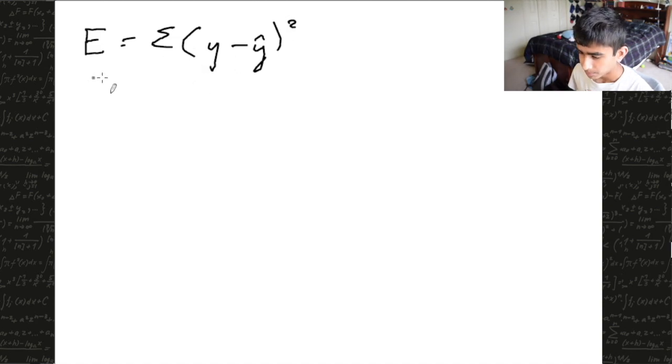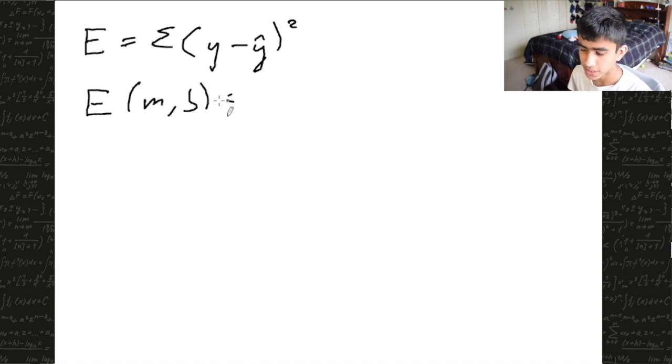So then you can break this y down into mx plus b, because that's really what we're finding, right? y equals mx plus b is the equation of a line. So then this becomes a function of m and b. So when I write this, it means that the inputs to this function are m and b, and it outputs the sum of the squared residuals.